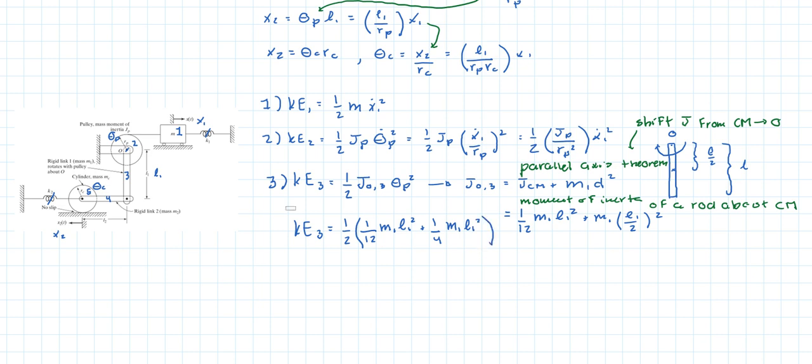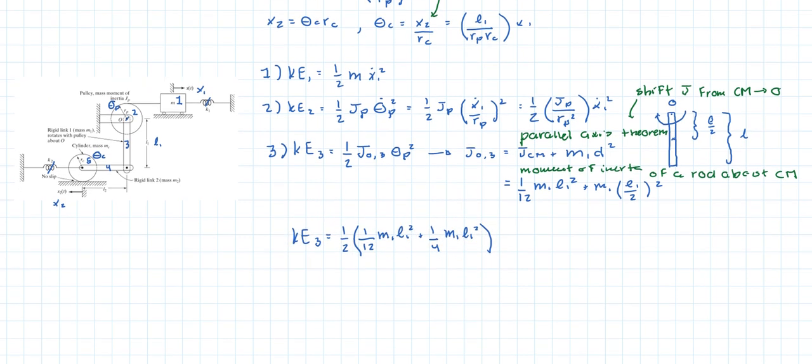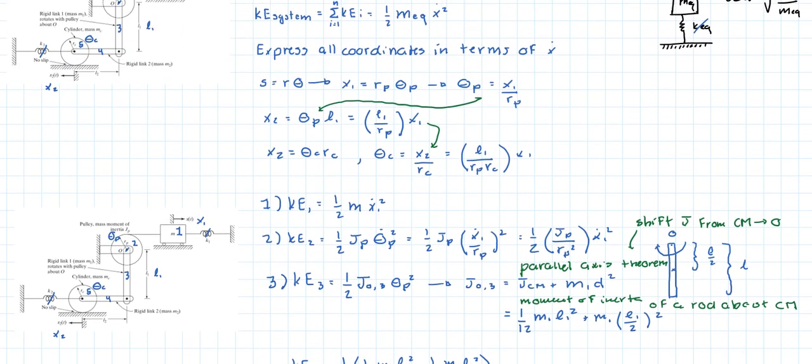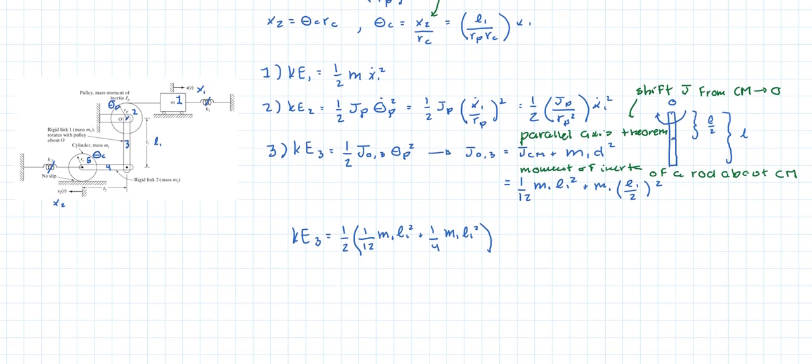And I'm going to bring this down a bit because we can't forget the theta term. And we said that theta dot p is equal to x dot 1 over rp squared.